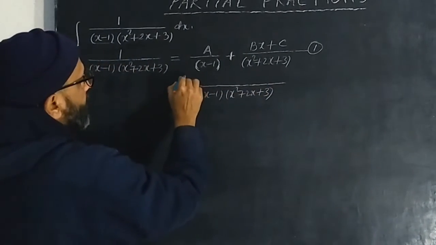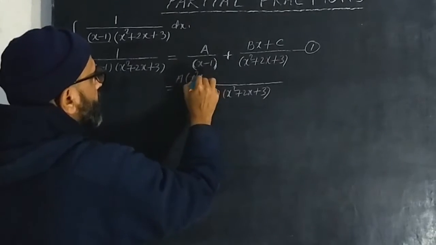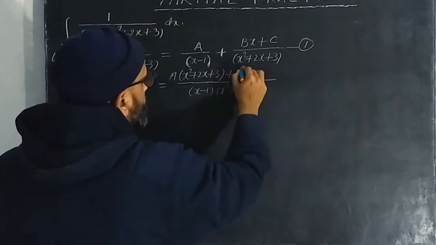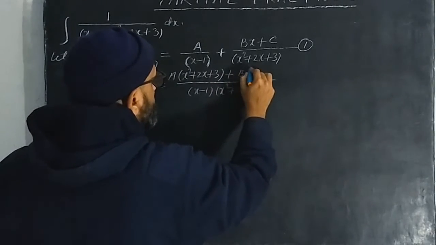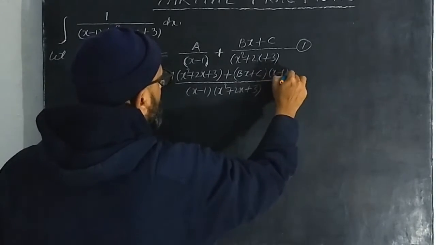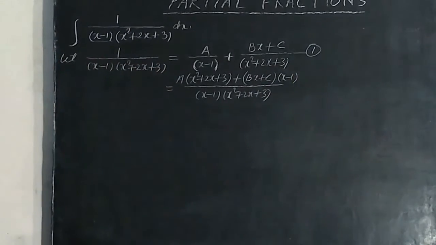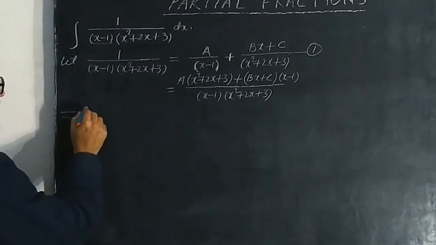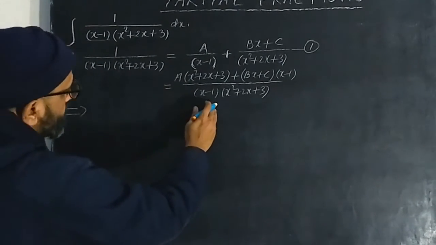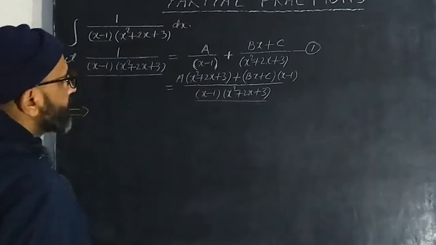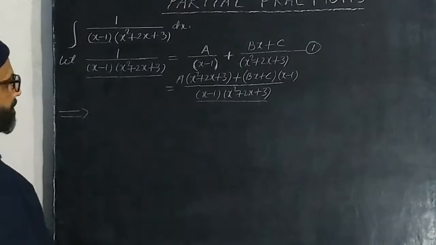So we get in the numerator a into (x square plus 2x plus 3) plus (bx plus c) into (x minus 1). Now, since these two fractions are equal, having identical denominators, their numerators must also be the same.